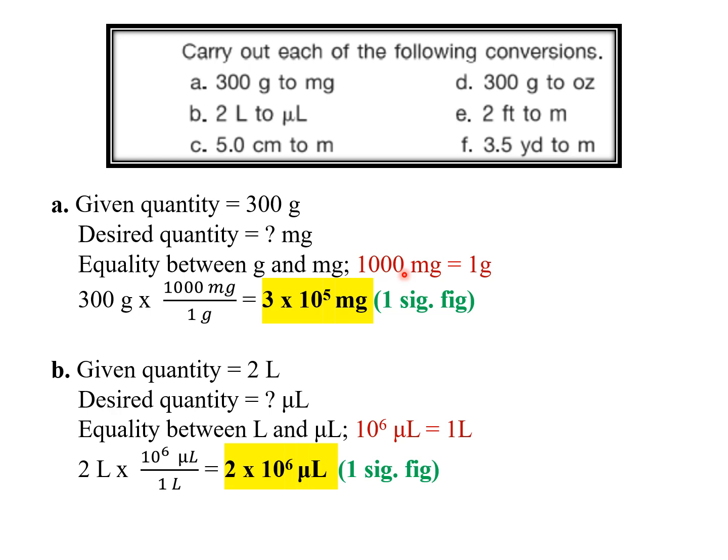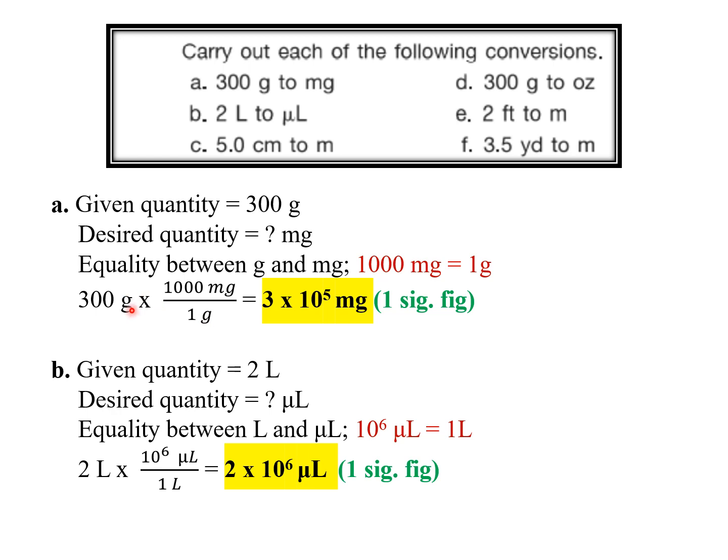Now let's see which conversion factor is best for our calculation. It is based on the given quantity unit. What is the given quantity? 300 grams. Then your conversion factor should have the same unit as the given quantity in the denominator. That's how we select the best conversion factor for our calculation.